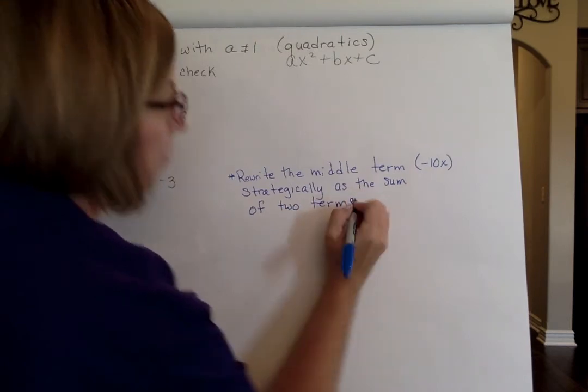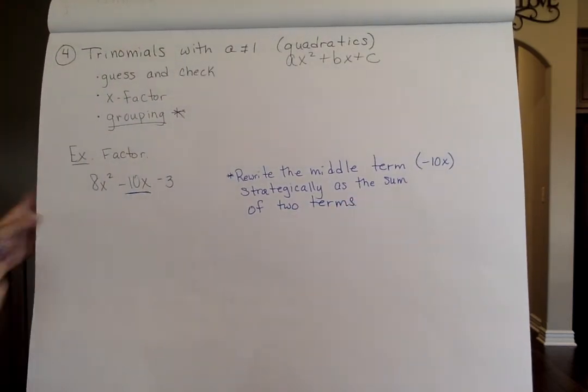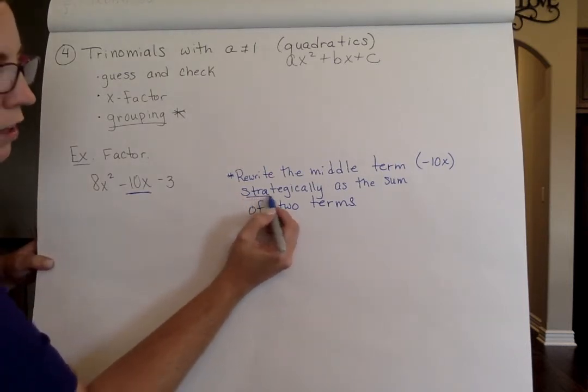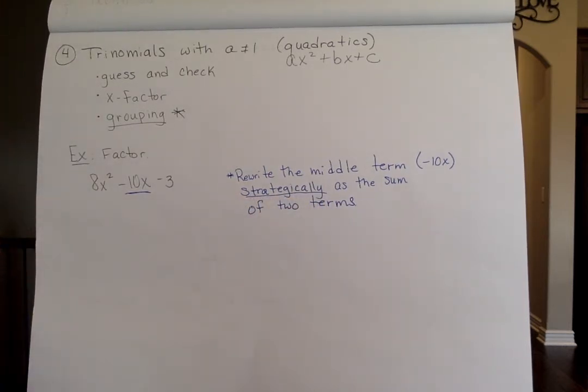So if I break up that middle term, this negative 10x, into 2 different terms, then we'll have 4 terms. Okay? But the key word here is that we have to do it strategically. We can't just haphazardly rewrite it. Okay? So there is a way to do that.